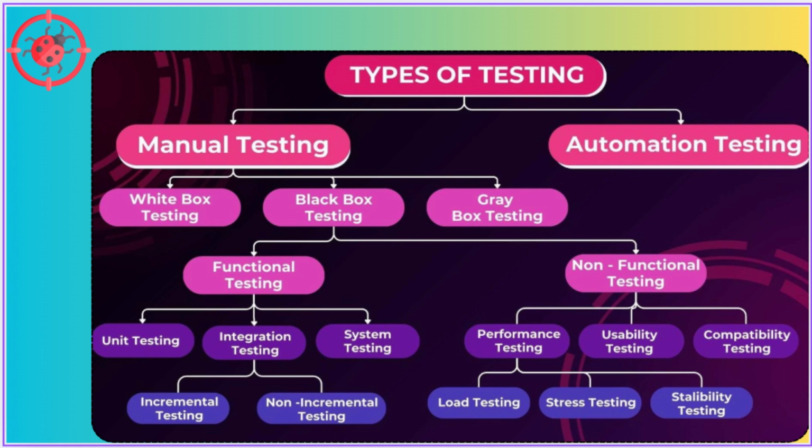In manual testing, we have white box testing, black box testing, and gray box testing. Further, black box testing is divided into functional and non-functional testing. Functional testing has unit testing, integration, and system testing. Non-functional testing covers performance, usability, compatibility, load testing, stress testing, and stability.